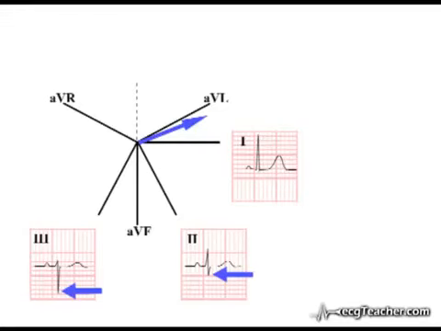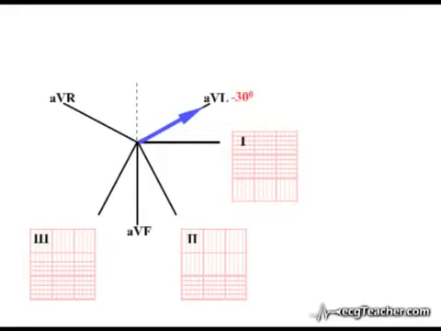In contrast, as the axis is moving closer to the direction of lead 1, this lead retains a strong R wave. Crucially, note that at the limit of normality on the left, the axis is travelling straight down AVL.